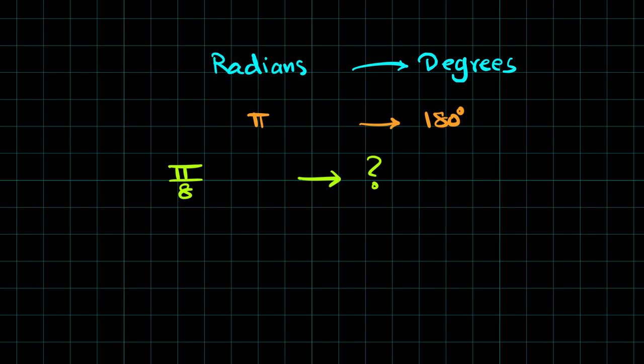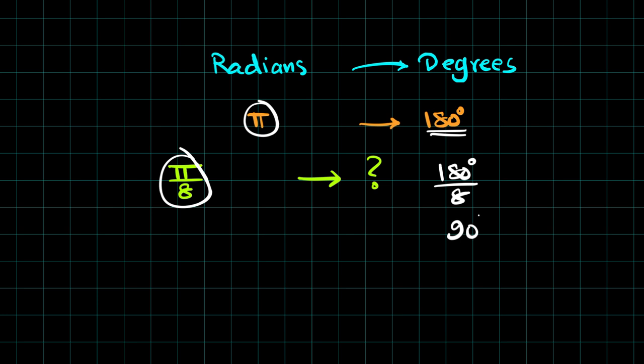I'll simply say that if pi is 180 degrees, pi by 8 is 180 degrees divided by 8, which is the same thing as 90 degrees divided by 4, which is the same thing as 45 degrees over 2, which is the same thing as 22.5 degrees. As simple as this.